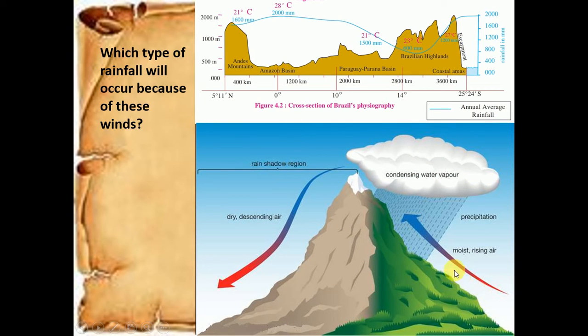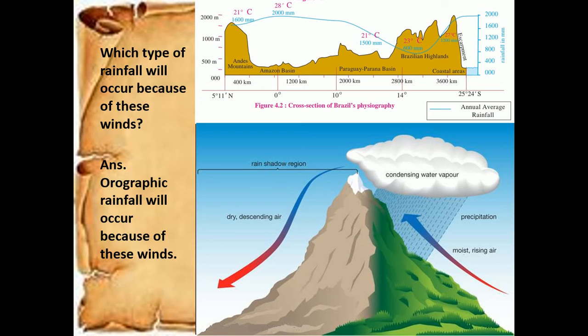The wind goes upwards, you get rain. This rain is called orographic, and when it goes to the other side, it becomes the rain shadow region. It is the leeward side area. The windward side receives rainfall and the leeward side does not. So we say orographic rainfall will occur because of these winds.